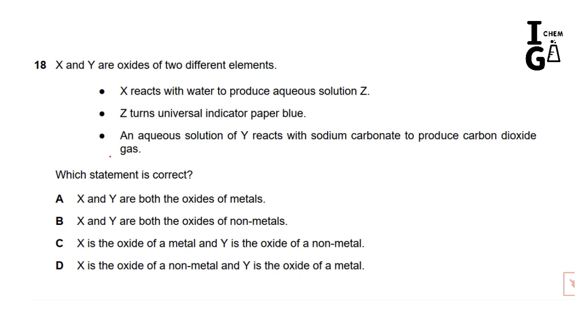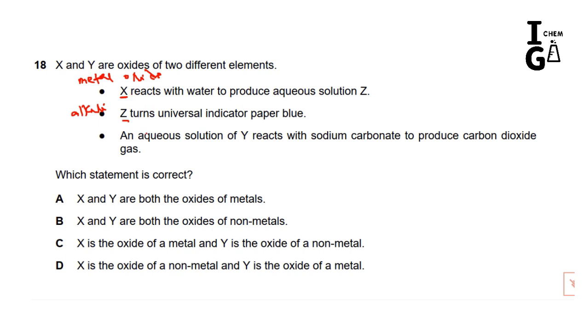Okay, 18. X and Y are oxides of two different elements. X reacted with water to produce aqueous solution Z, and this Z turns universal indicator paper blue, so it means this Z should be an alkali. This alkali is produced from the reaction of X with water, so X should be a metal oxide, because you know, guys, metal oxides form alkaline solutions.